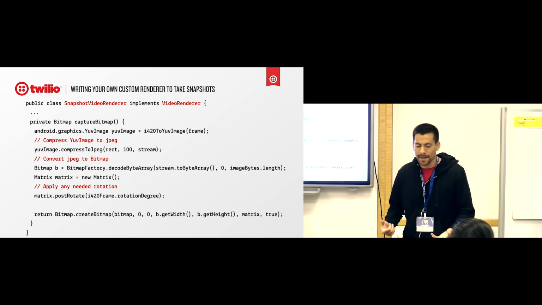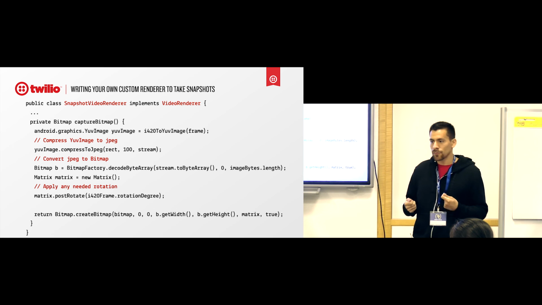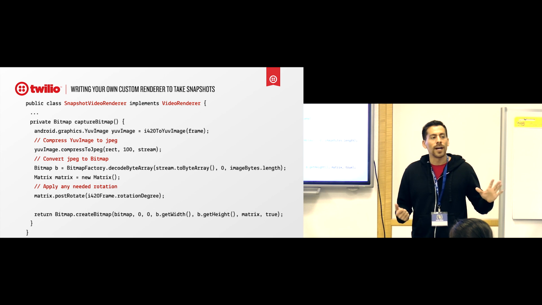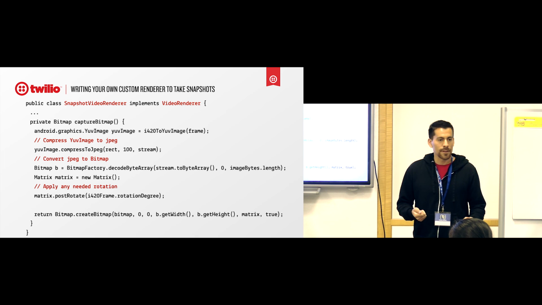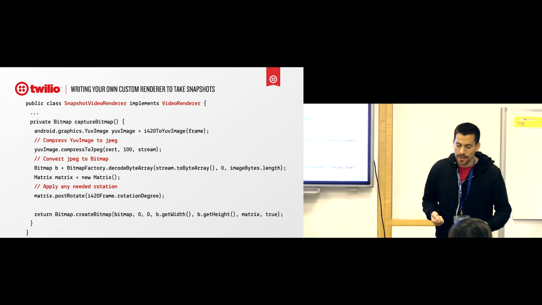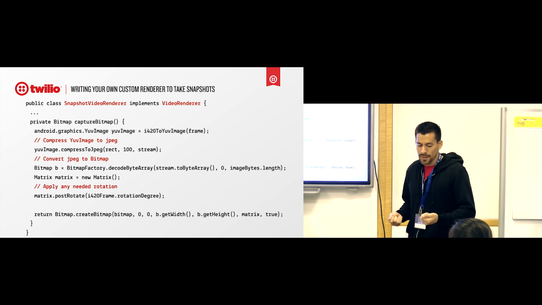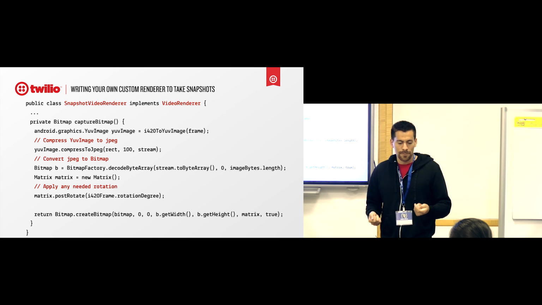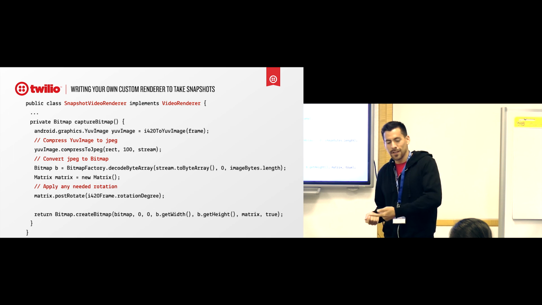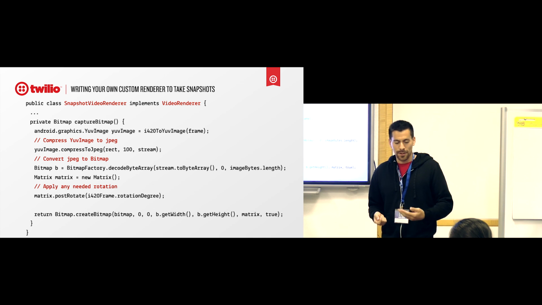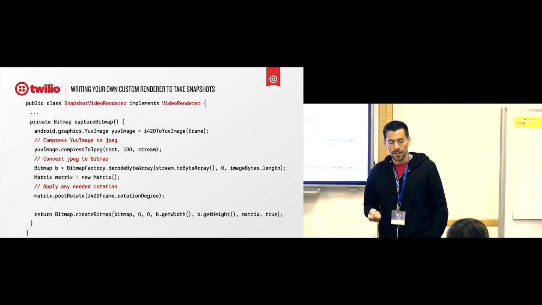In order to do that, I needed to write a function that took this I-420 format that WebRTC uses and converted it to a YUV image format, which is what the Android graphics library uses. That's the first step. The benefit of converting to this YUV image is that you can then go to a JPEG, so this is almost like a 3 or 4 step process.